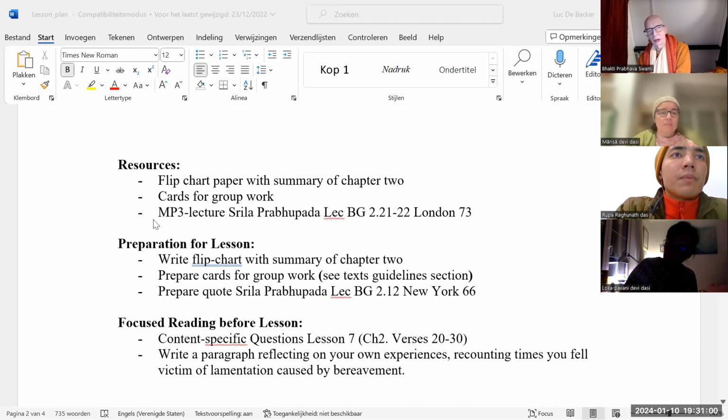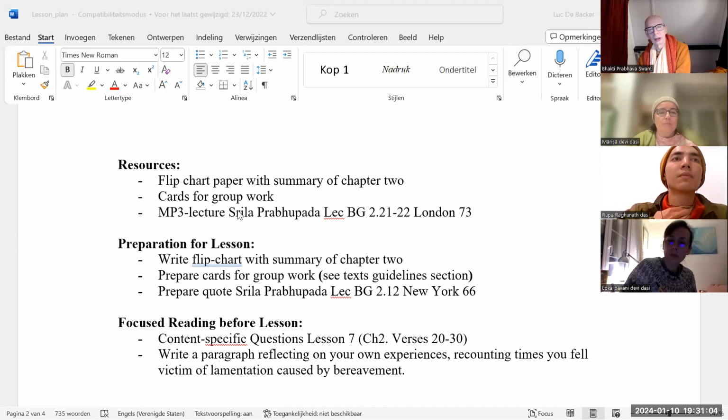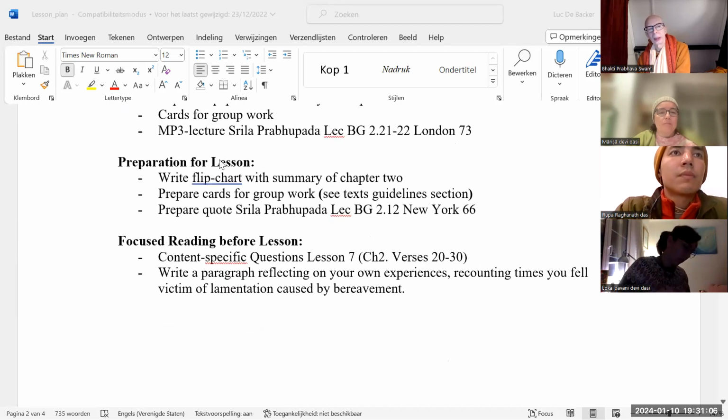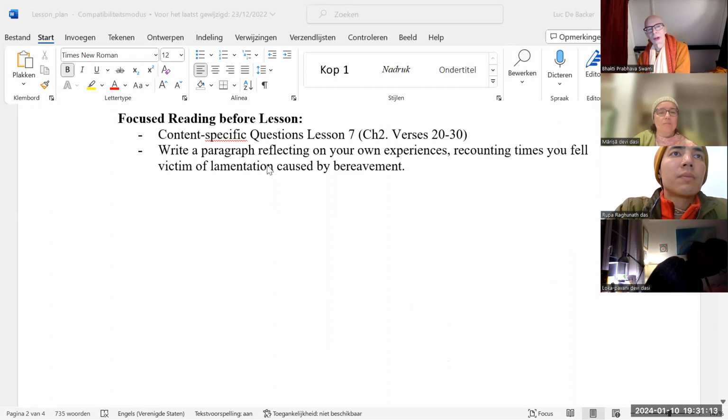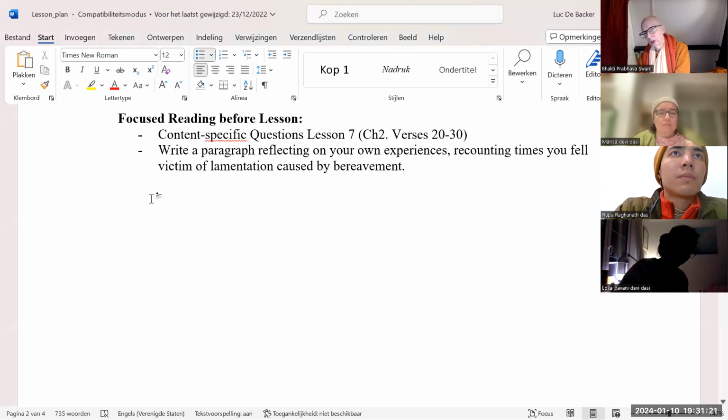Then the resources you are using, the preparation for the lesson you do, a focused reading before the lesson, and then I need your lesson plan with your timings, all the sections and all the timings.